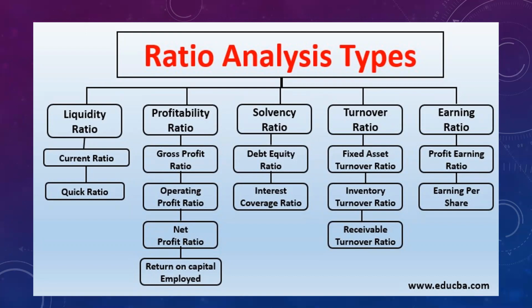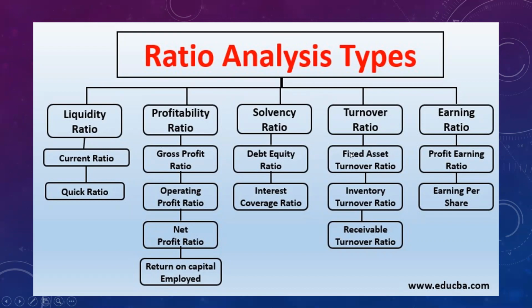And in turnover ratio we have fixed asset turnover, inventory turnover and receivable turnover ratio. And under earning ratio we have price earning ratio and earning per share. So from exam point of view, liquidity ratio and solvency ratio are very important, and from earning ratio, price earning ratio can be asked.